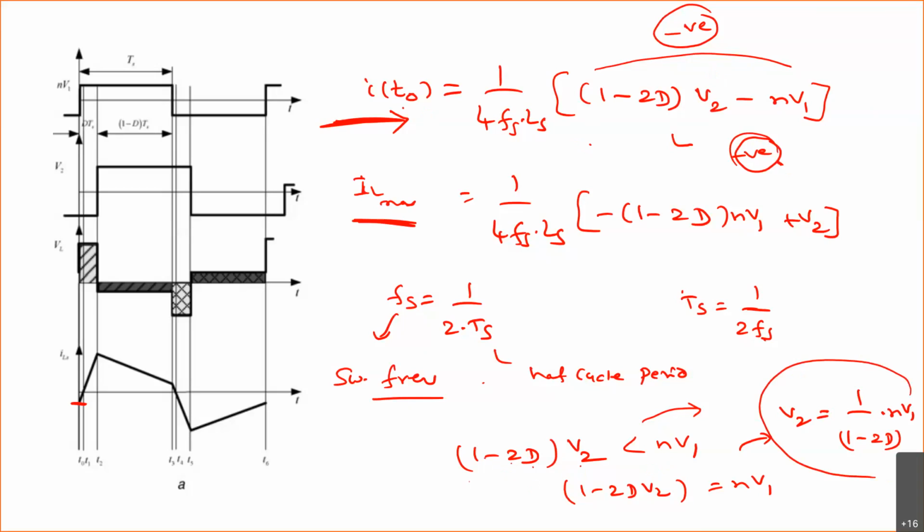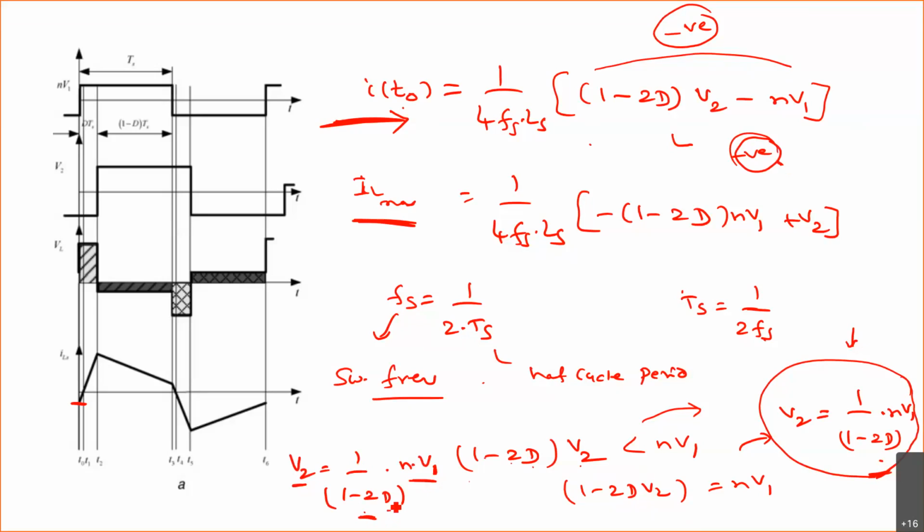If you notice, this expression is similar to a boost converter. V2 is 1 over (1 minus 2D) into NV1, where NV1 is the input and V2 is the output, and this is the boosting factor.